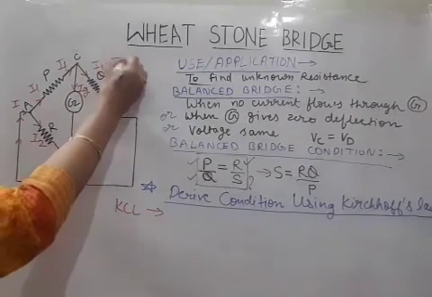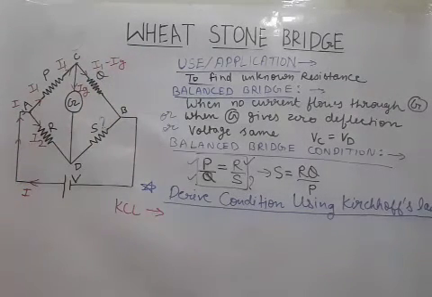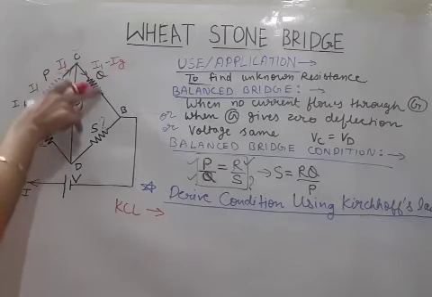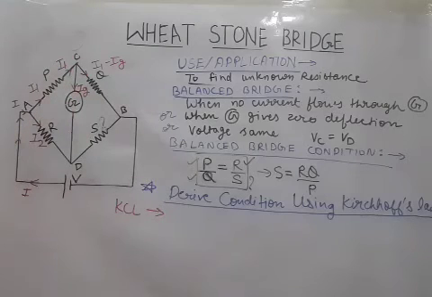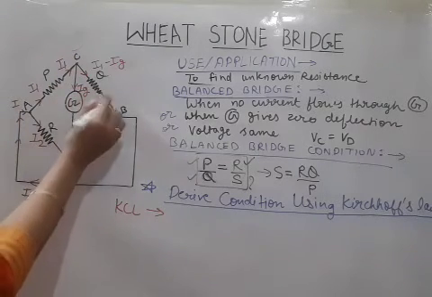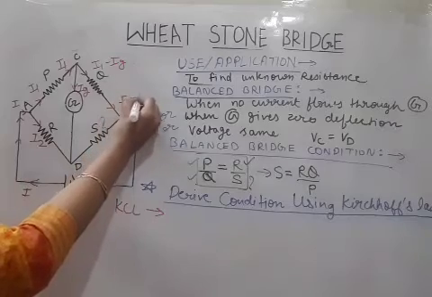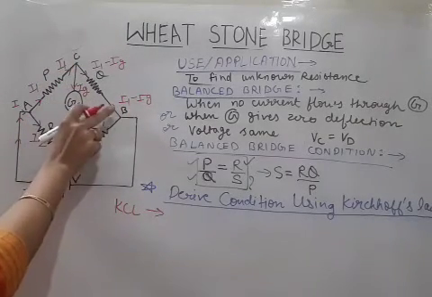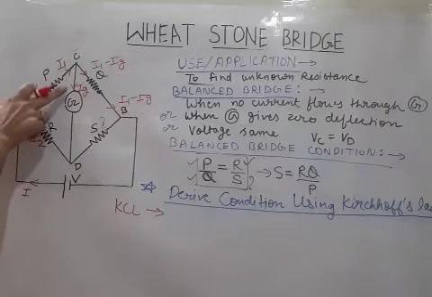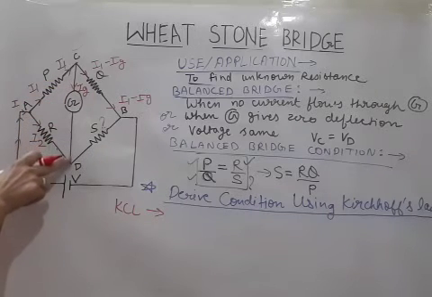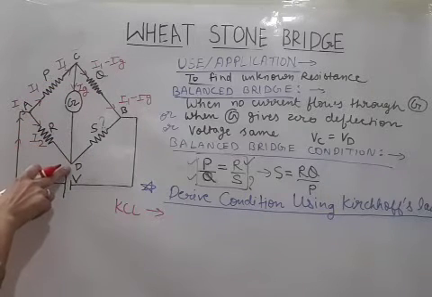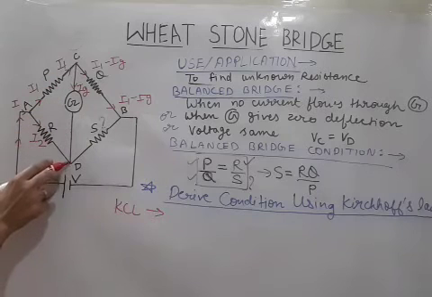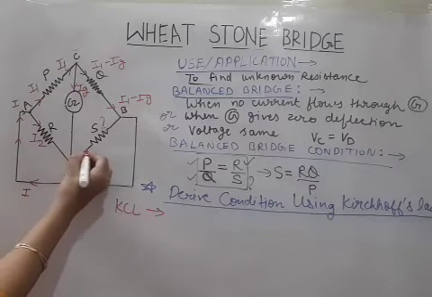I1 minus Ig. Okay, from I1, Ig went this way, and the remaining is I1 minus Ig. This I1 minus Ig will flow from C to B. Then Ig was coming here, and I2 was coming at point D. Two currents are coming, Ig and I2, so how much will go in this branch?